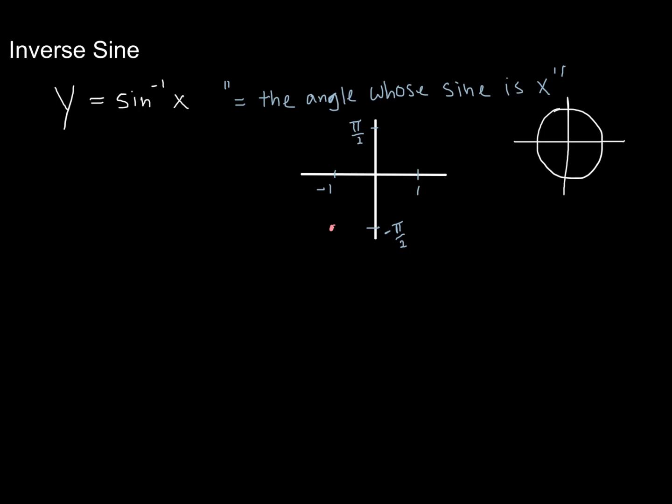You could go a couple more points over here. What's the angle whose sine is 0? Well, that's the angle 0. And then over here, what's the angle whose sine is 1? Well, that's pi over 2. And you can go ahead and connect like that.